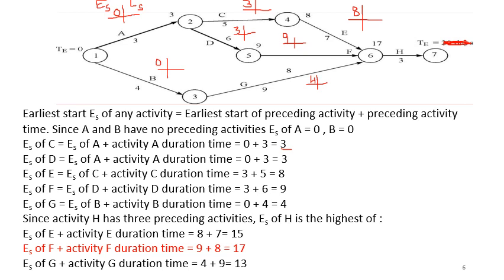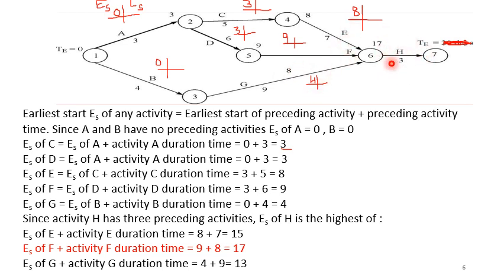Now, when you consider activity H, you have to sharpen your thought process a little. When we consider activity H, you can see there are three preceding activities before H. One is activity E, another is activity F, and the third is activity G. All these activities have to be completed before H can start.